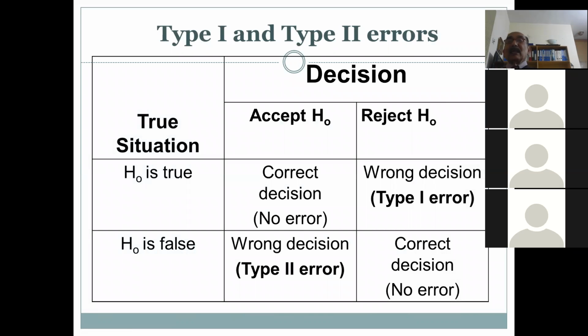If your null hypothesis is true and you accept it, it is a correct decision. But if you reject it, when there is no difference and no association but you claim a difference, it is a type 1 error, a wrong decision, also called alpha error. If the null hypothesis is false and you accept it, it is a type 2 error, a wrong decision.